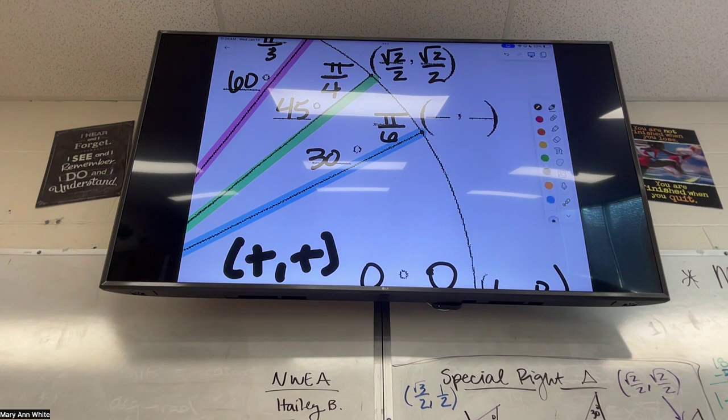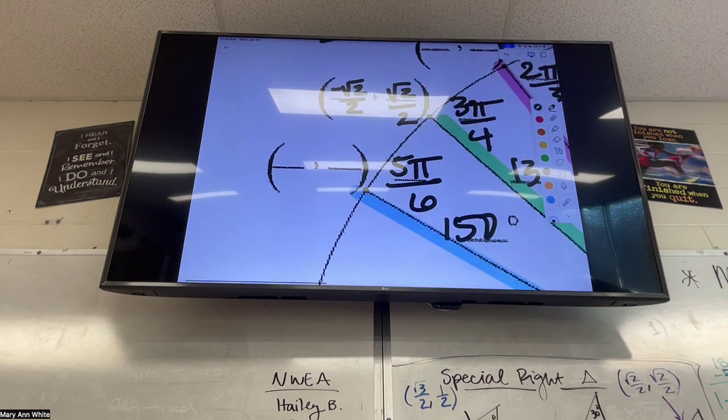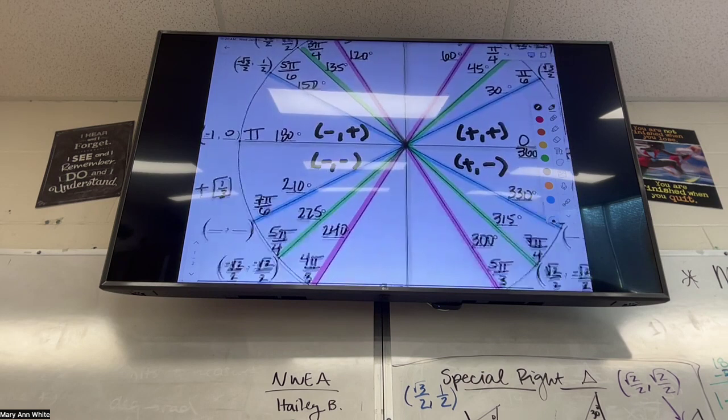Your job is to make sure your signs are good as we go though. √3/2, 1/2. When I go to the top left, I need it to be negative √3/2 and a positive 1/2. When I go to the bottom left, I need it to be negative for both of them.